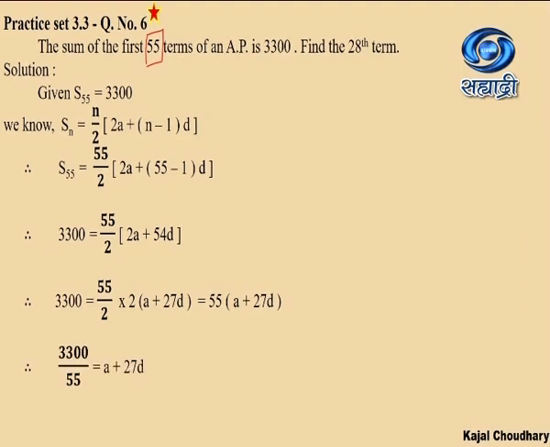Now 3300 upon 55 is equal to a plus 27d. What did we do? 55 was multiplied over here, so it is going to get divided on the other side. Now 3300 divided by 55, if you do it, you are going to get 60. This goes as your first equation.